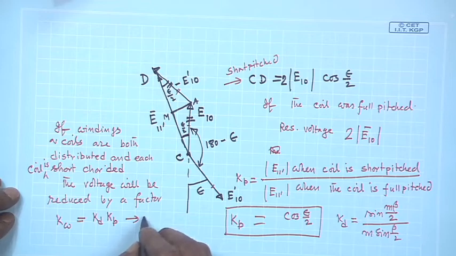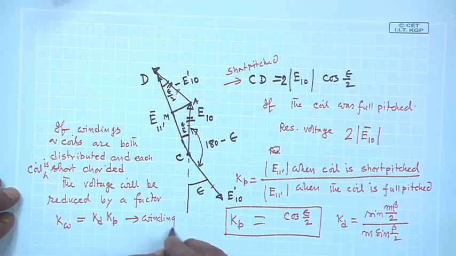The product, Kw, is called the winding factor.